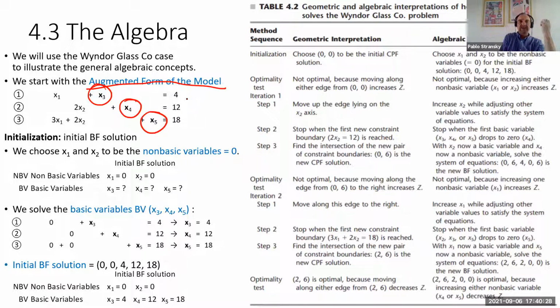Now, because we have, in this case, 3 equations and 5 variables, we decided to divide them into non-basic variables, okay? 2 of these variables became non-basic variables, and we decided to make them equal 0. In the initialization, in the geometric interpretation, when we choose the origin, what we were doing is choosing x1 and x2 equals 0.